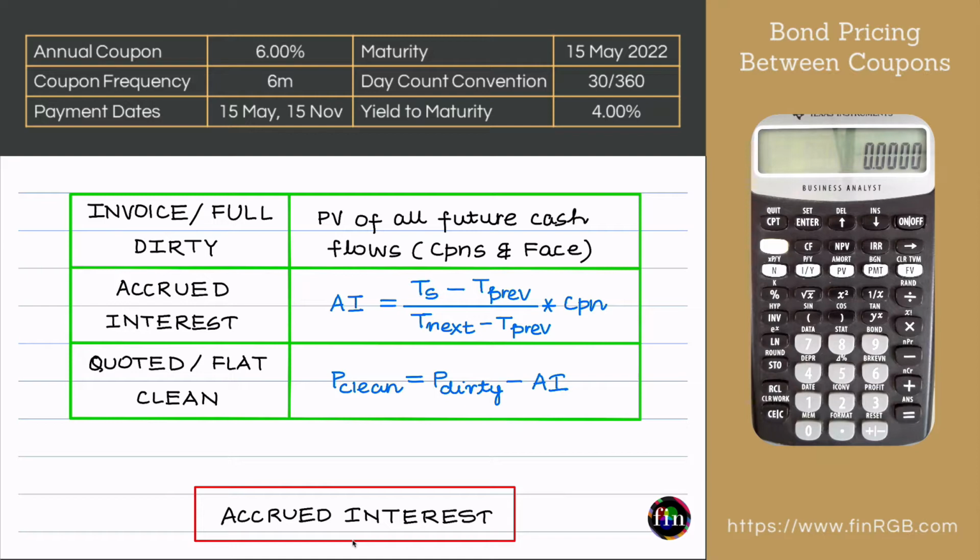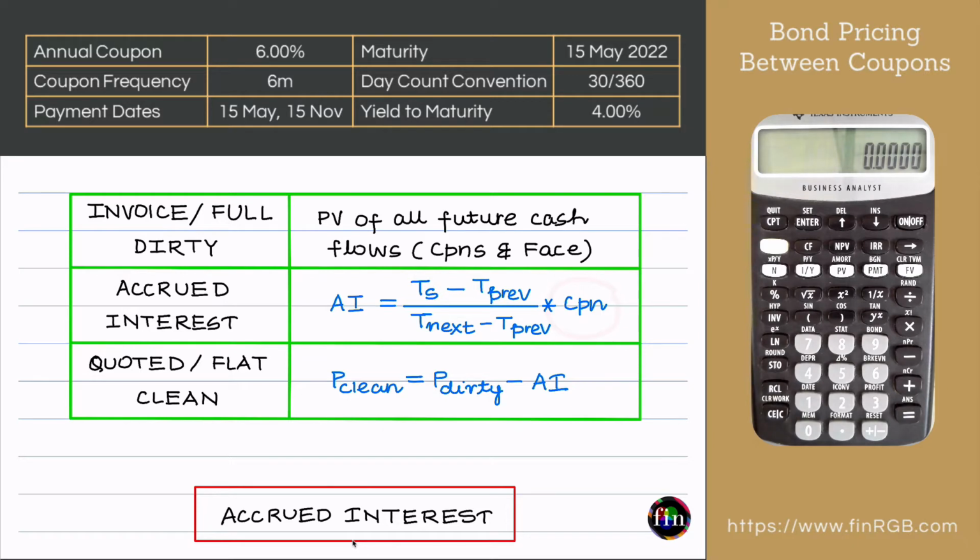So if you are standing as of a certain point in time, let's call it the settlement date, the accrued interest is very simply the number of days since the previous coupon divided by the number of days in the current coupon period. This ratio times the dollar coupon amount that you are expected to receive on the upcoming coupon date.